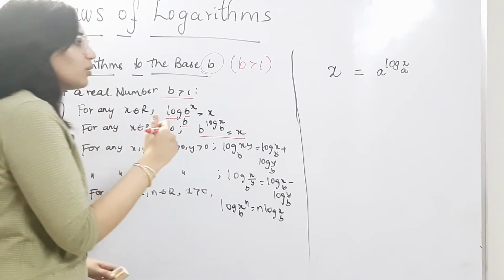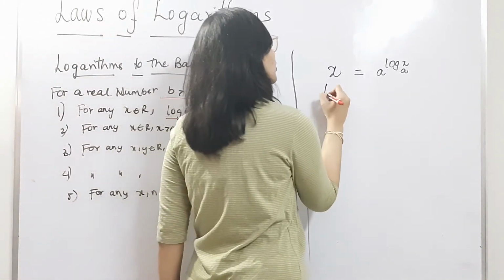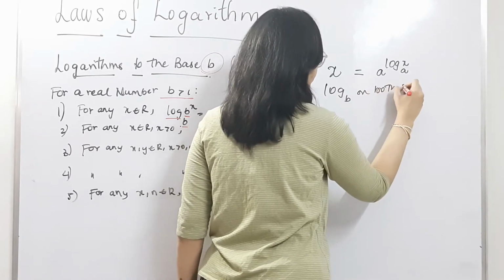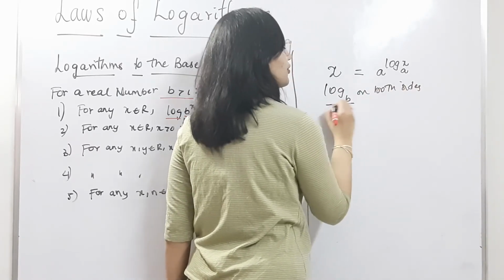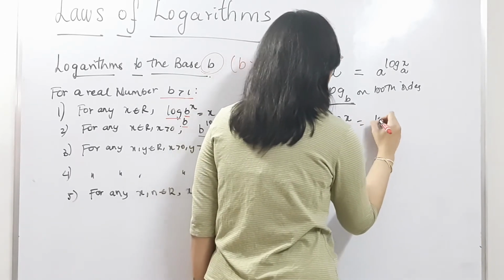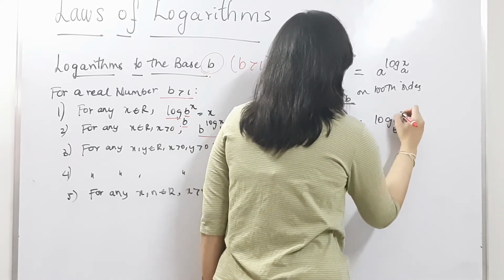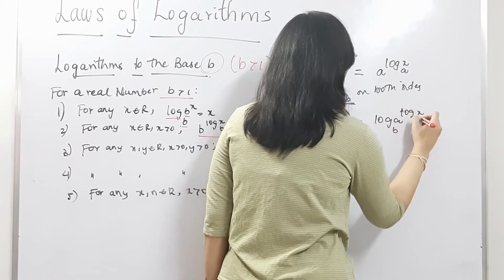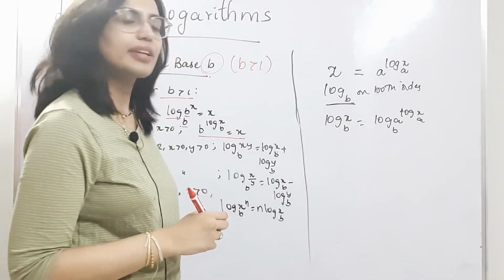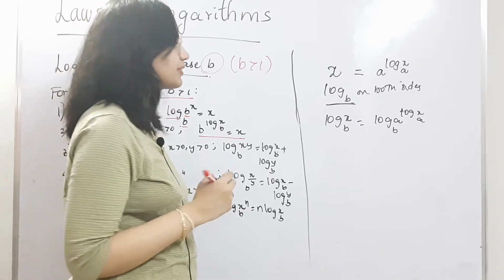Okay. Now let's try to apply log to the base b on both sides. What will happen if you do this? We'll get log x to the base b is equal to log a to the base b, where a is raised to the power of log x to the base a. Yes.